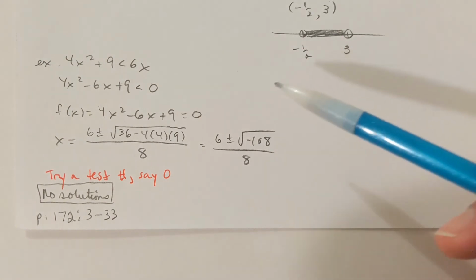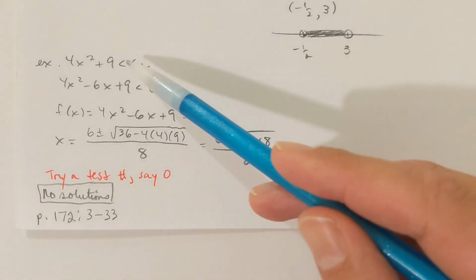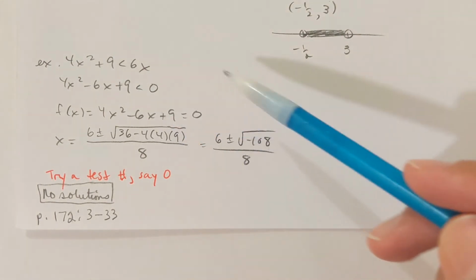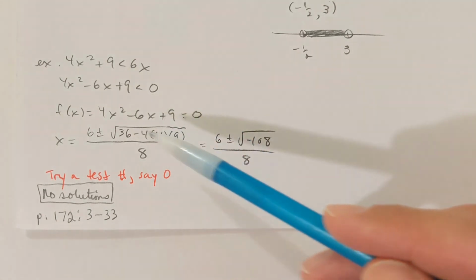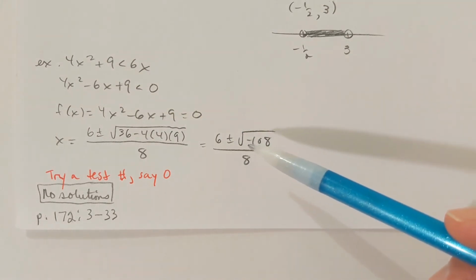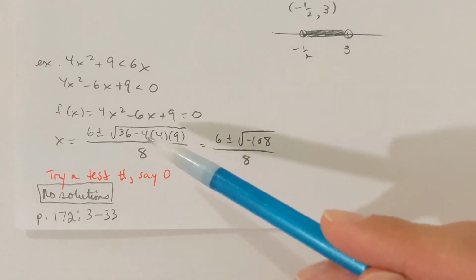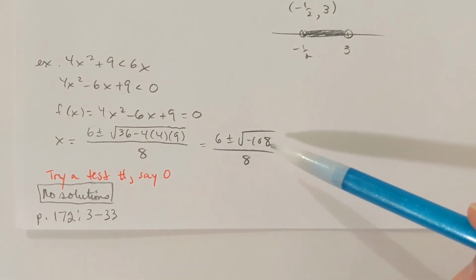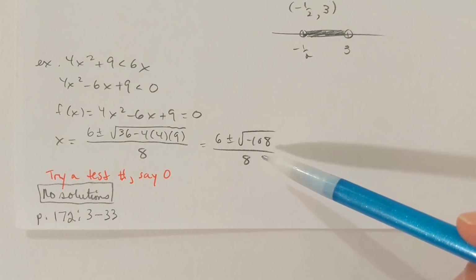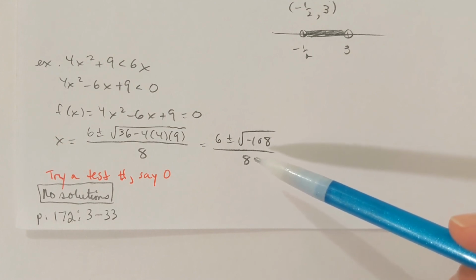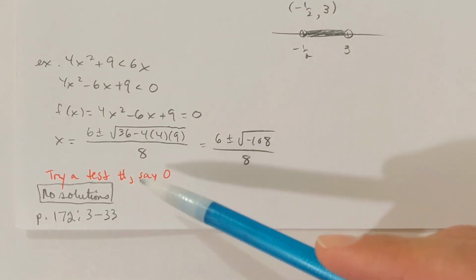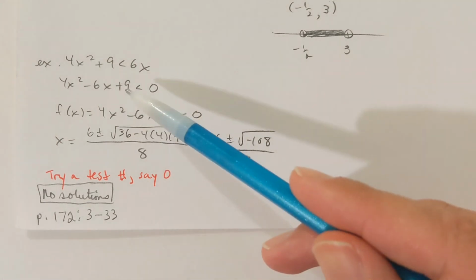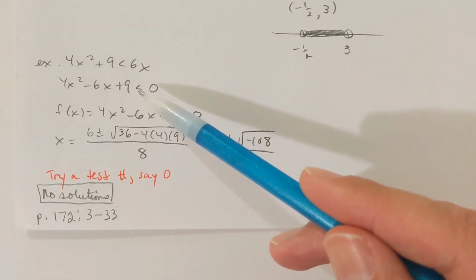Suppose that I switch the sign. Okay, well, everything that I've done here is going to be the same. I get 6 plus or minus the square root of negative 108 all over 8. Now if I try a test number like 0, it is true, 9 is greater than 0.